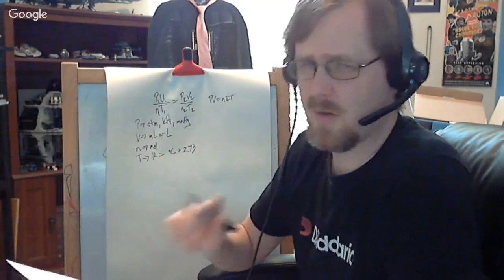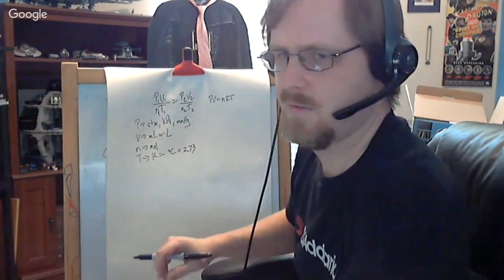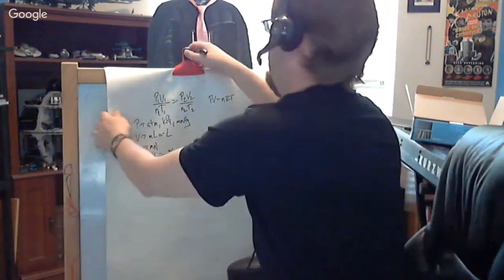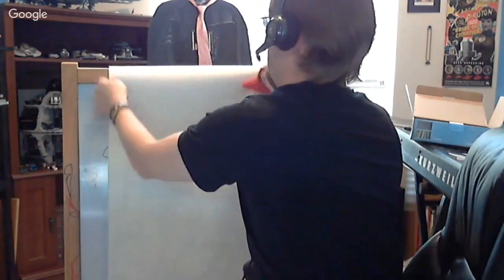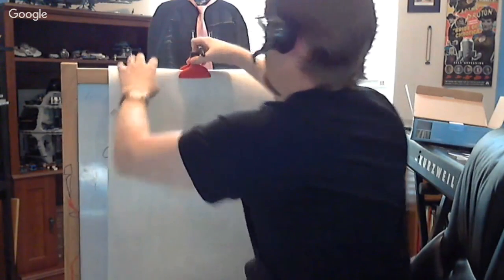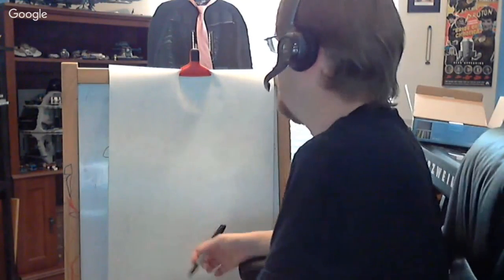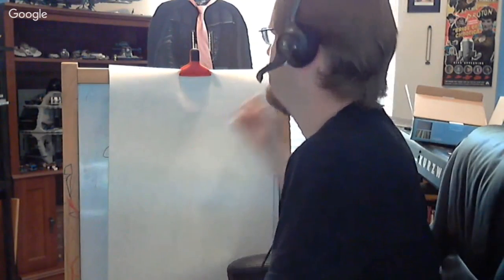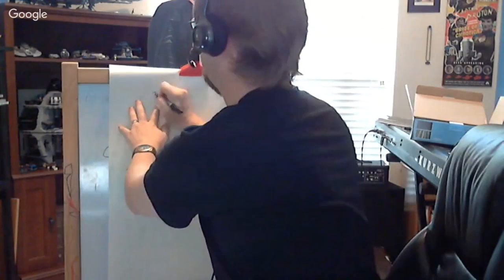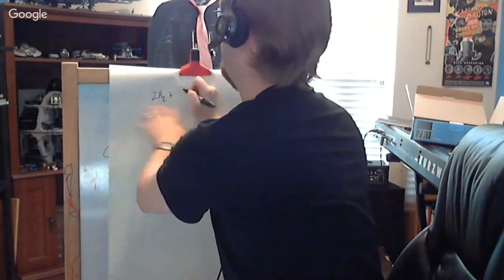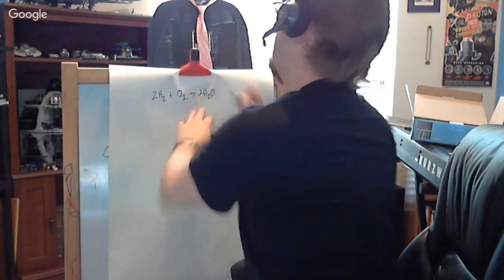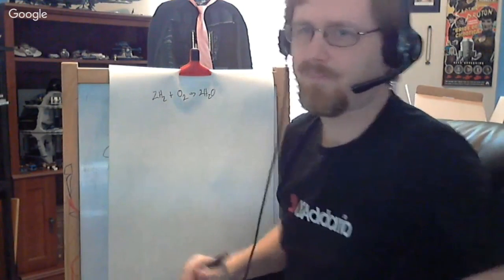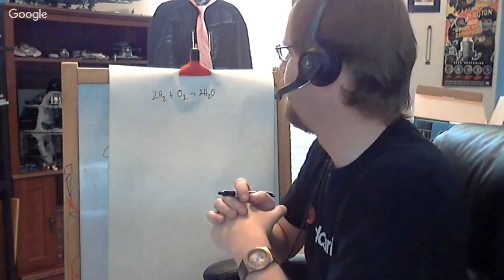So let me see if I can come up with an example of how to use that real quick. Let's say we have, I'm just going to do the simple one, 2H2 plus O2 yields 2H2O. So we're using this equation.